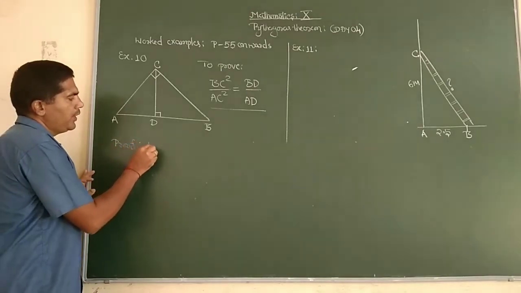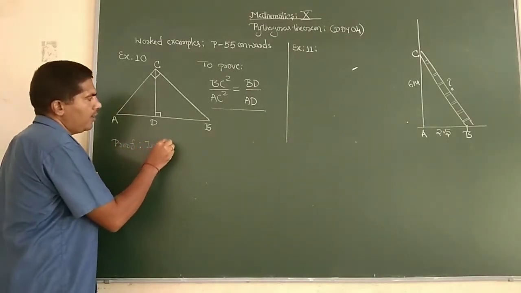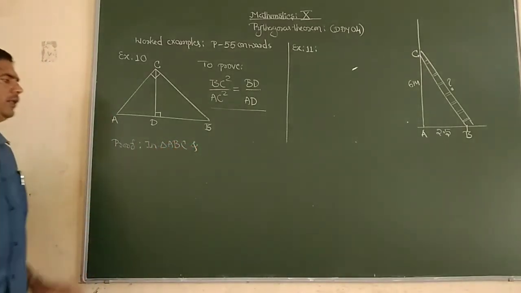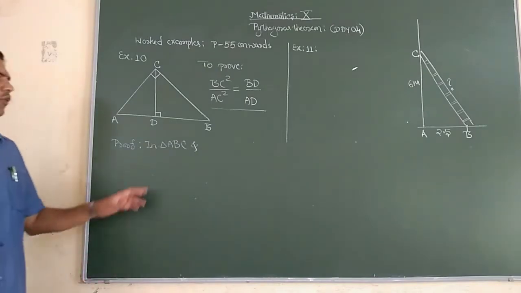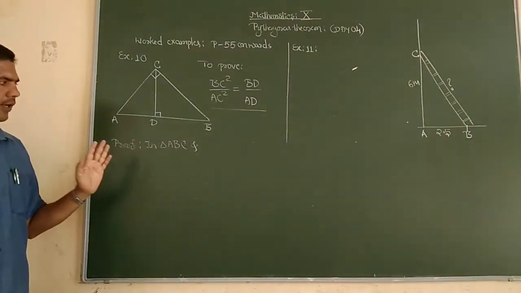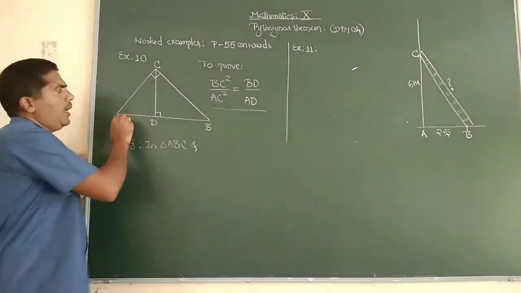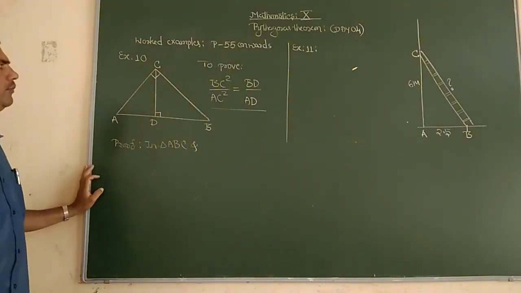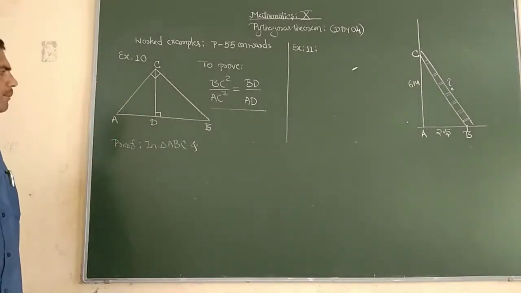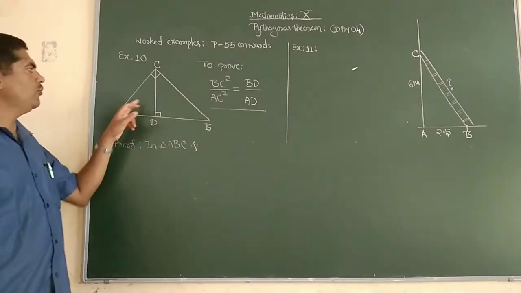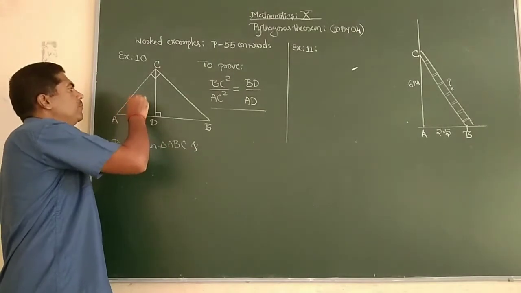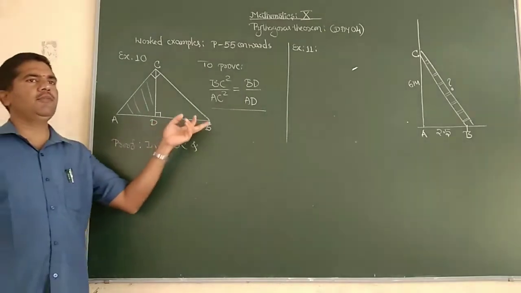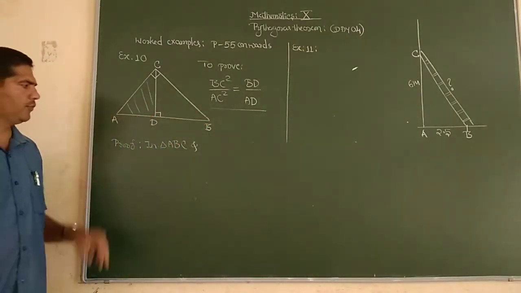What I will do? In triangle ABC, now when taking the next triangle, I should be very cautious about the corresponding sides of the vertices. That's all. ABC I have taken, where C is 90 degree. Then the smaller triangle I am taking, smaller triangle ADC and bigger triangle ABC, A should be the common vertex.